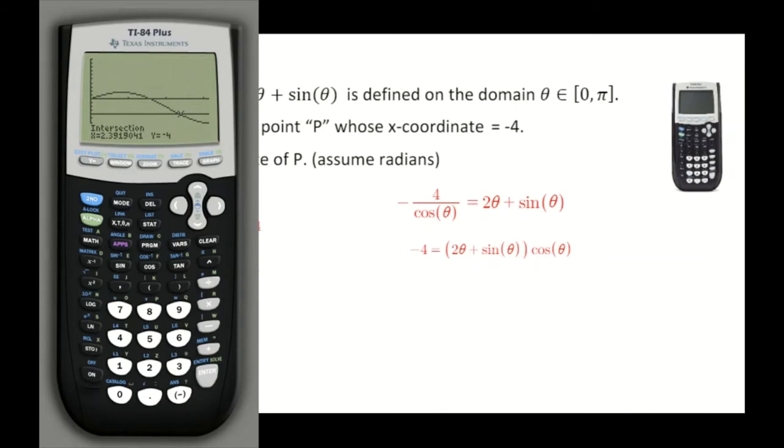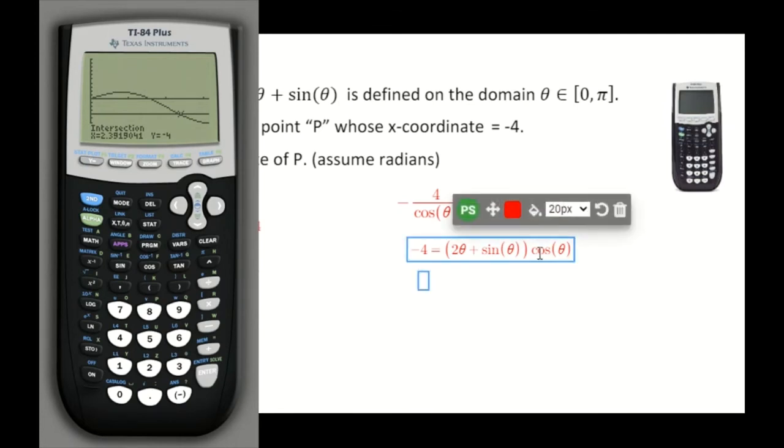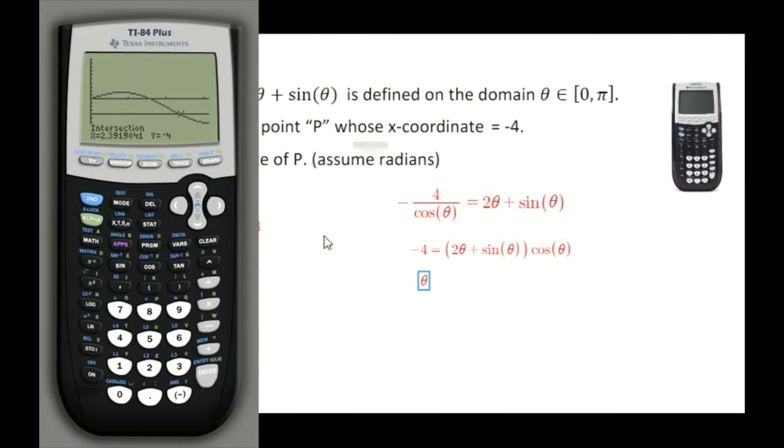In fact, I'm going to go back over to our little notes here and say, okay, well, theta in this case is approximately 2.392. We'll go 3 decimal places there.